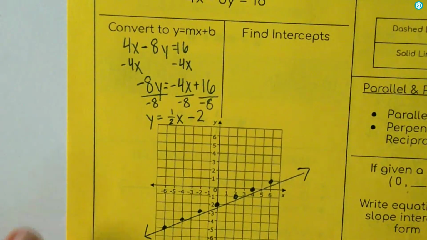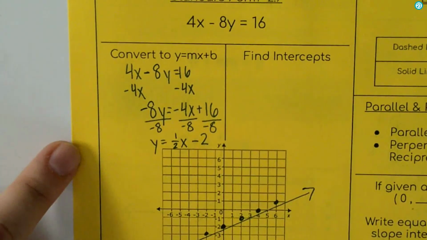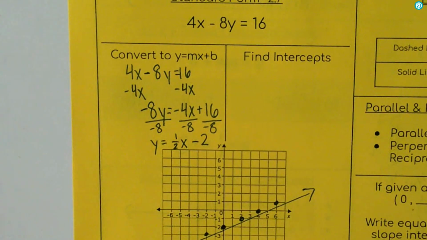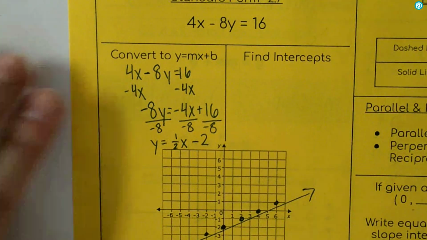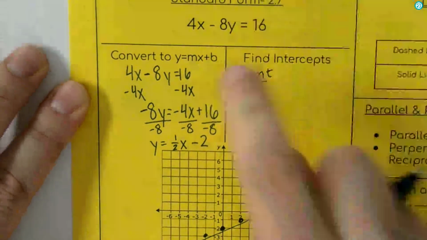No problem. Hey, any questions about that guy? Hey, then if we wanted to do it the other way, the intercepts method, that is us plugging in 0 for y to find the x-intercept, plug in 0 for x to find the y-intercept. So, x-intercept, we would be plugging in 0 for y.